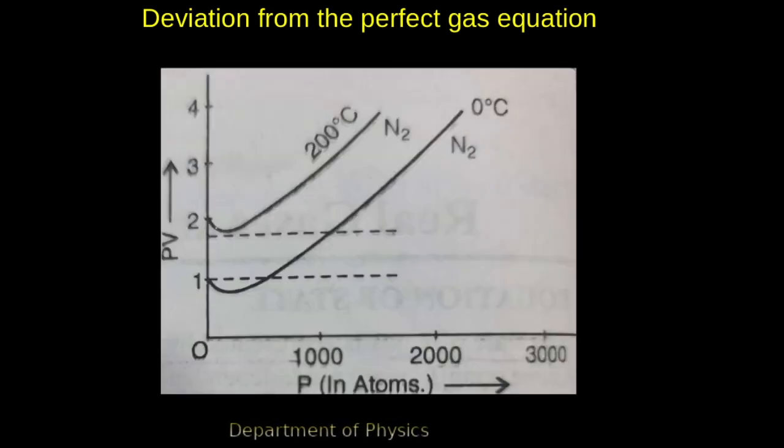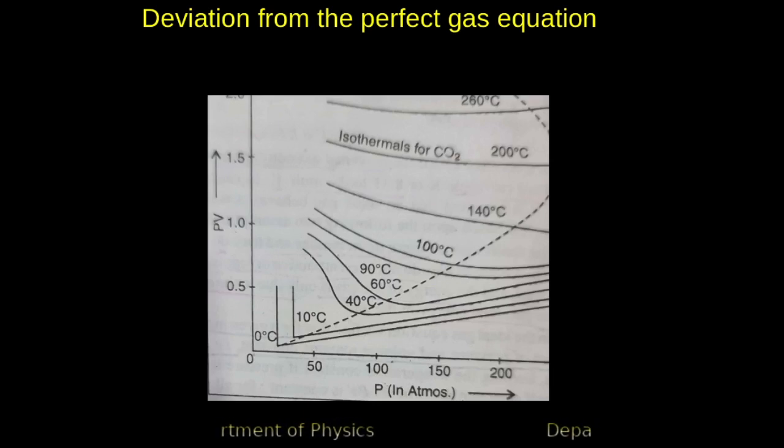On increasing the temperature, the curvature of the curves goes on reducing, and the point of minimum value of PV goes on receding from the origin, this side. If we plot a curve joining these minimum values of PV, we get approximately a parabola, this dashed line.